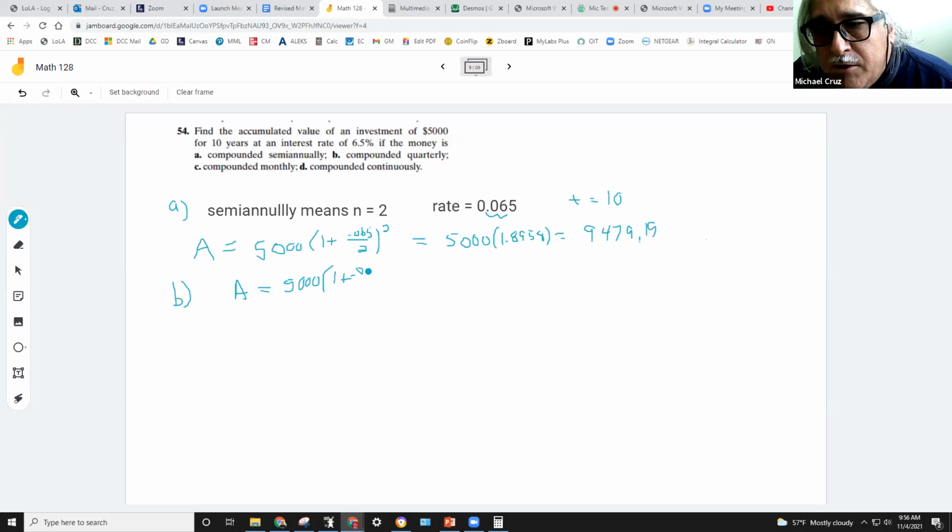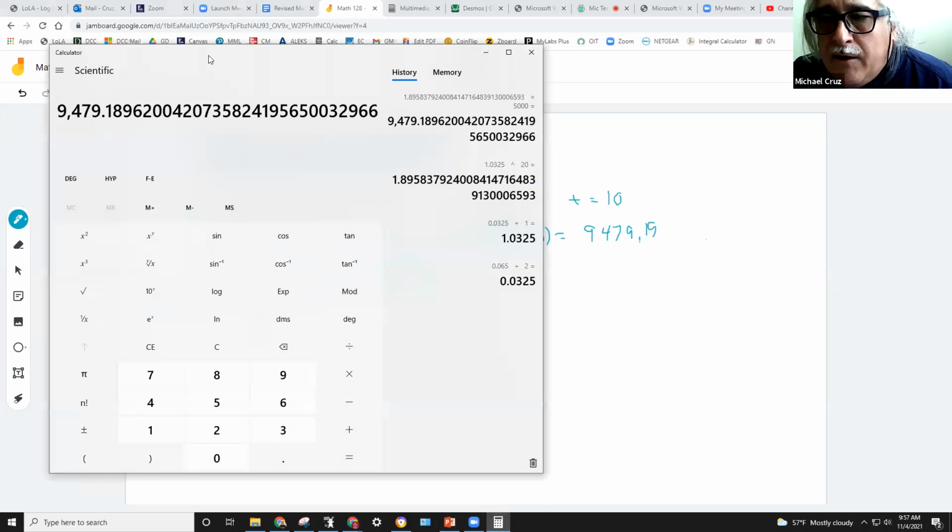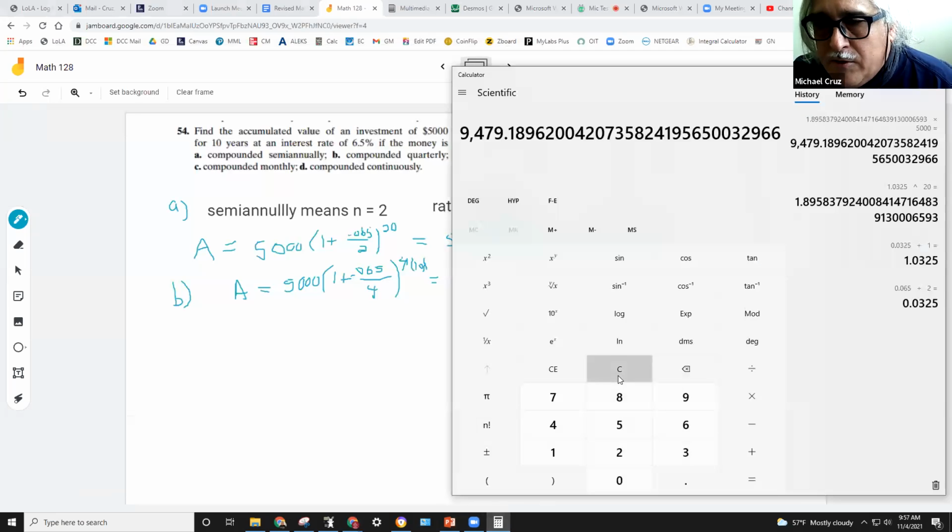And so the only thing that's going to change is now this is quarterly, so it's going to be 4. That was a 20, so now it's 4 times 10, because this was a 2 times 10. All right, so again, it's going to slightly change because of the compounding.